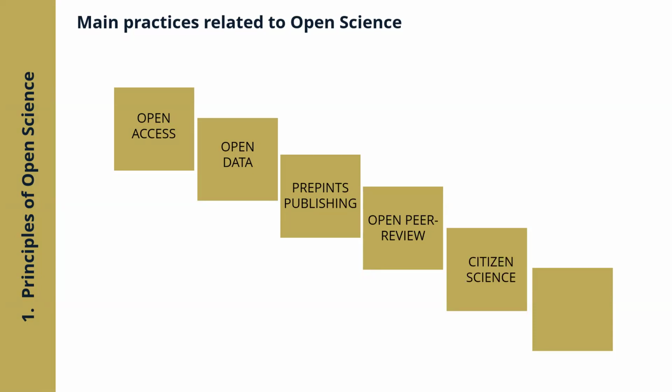The next one is citizen science, which is a cloudy concept, but basically involves the public, the citizenship, in scientific research, allowing individuals who may not have formal scientific training to contribute to various stages of the scientific process. This allows broadening the scope and the impact of the research.